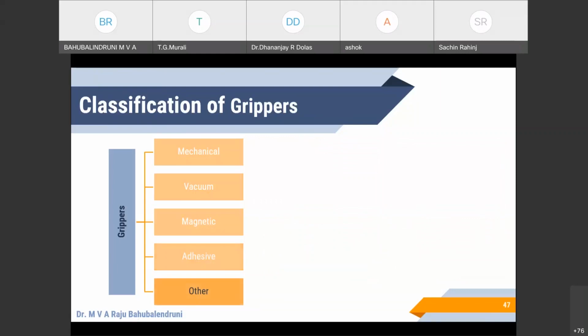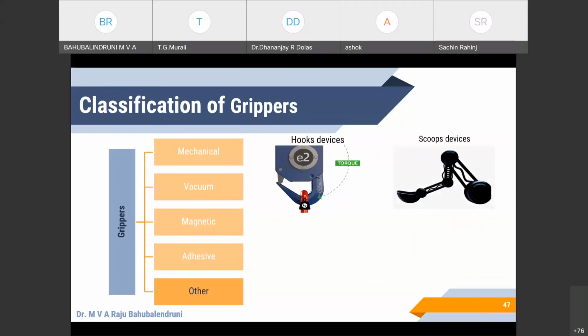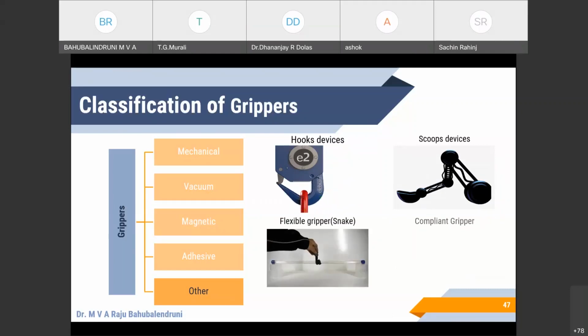The other types of grippers you can see here are hook-type devices and scoop-type devices. These scoop-type devices are generally used to take powdered or granular material. Even for liquids, such as molten metals, we can use scoop-type devices. There are also flexible grippers and compliant grippers.